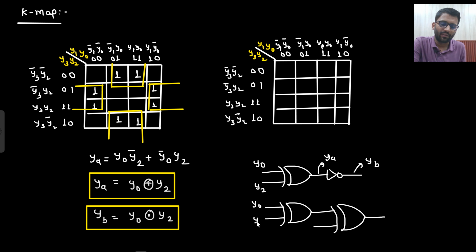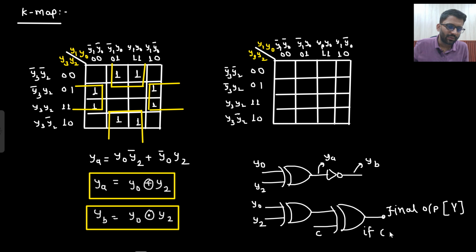Here I will put Y0 XOR Y2, and here I will put control, and this is my final output, which I am denoting as Y. So if C is 0, then my Y would be Y0 XOR Y2, and if C is 1, what will happen? Here you are getting Y0 XOR Y2, right? XOR with 0 will be this. XOR with 1, what would that be? Y0 XOR Y2 XOR with 1 will be the bar of that.